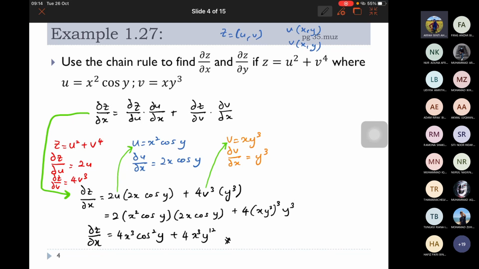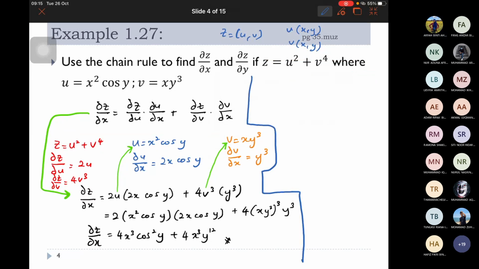So cuba buat delta Z over delta Y pula. By using the same approach, find partial derivative of delta Z over delta Y. Okay.